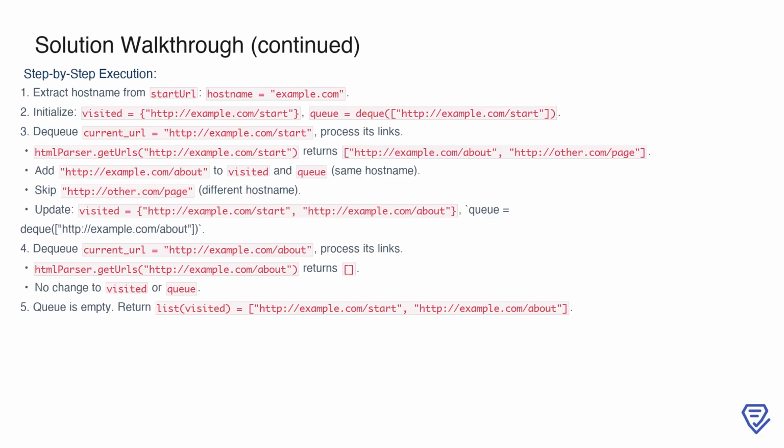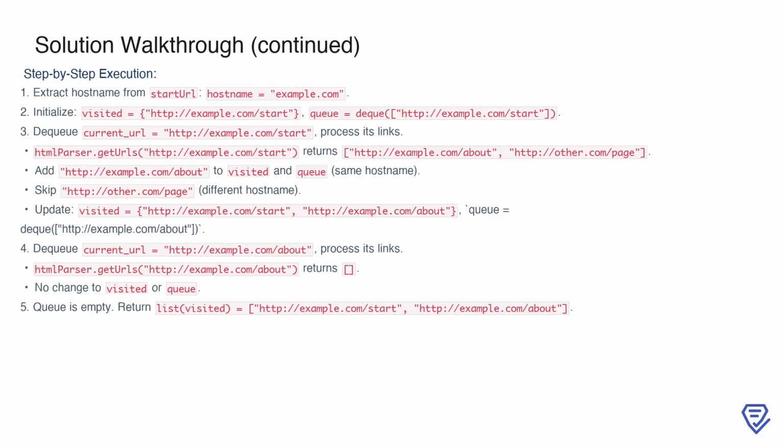As before, we begin by extracting the hostname, example.com, and initializing the visited set and the queue with the start URL. When processing http://example.com/start, we add http://example.com/about to visited and the queue because it matches the hostname. However, we skip http://other.com/page since it belongs to a different domain.